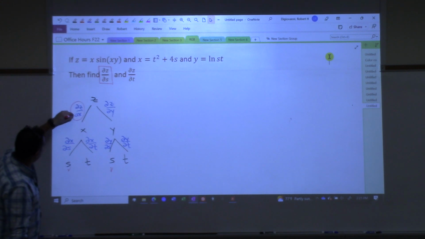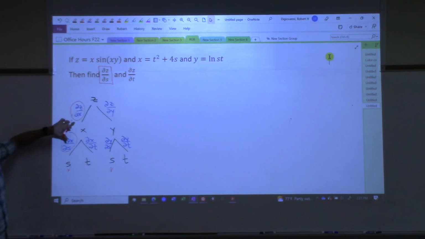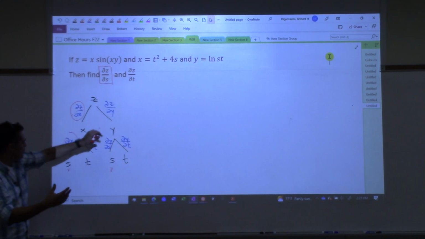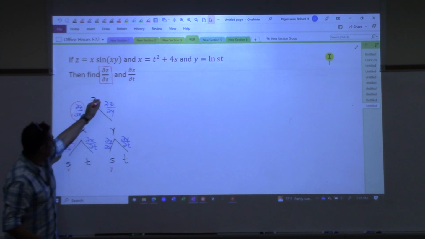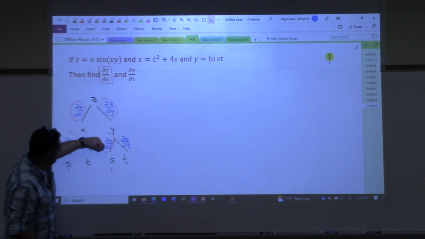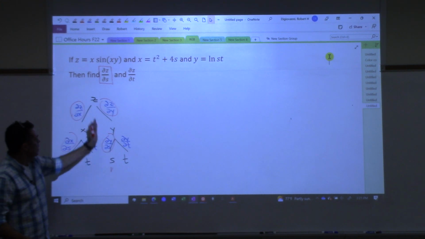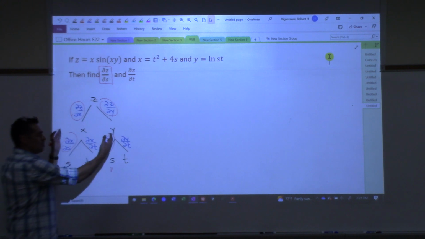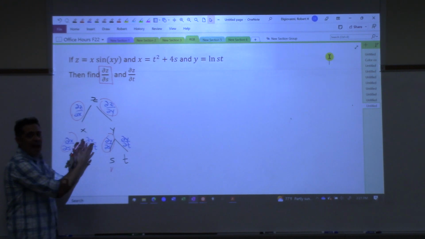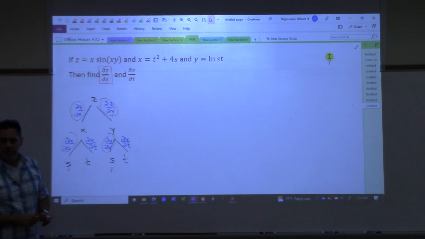So it's this piece and this piece. I multiply those two pieces together. That's part of the answer. And then I go to the other branch and get myself down to s. I come down here and then down here, and I'll be there. So I multiply those two pieces. I take the two products from those branches and add them together. And that's my derivative.